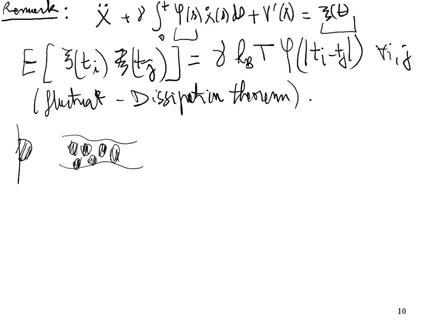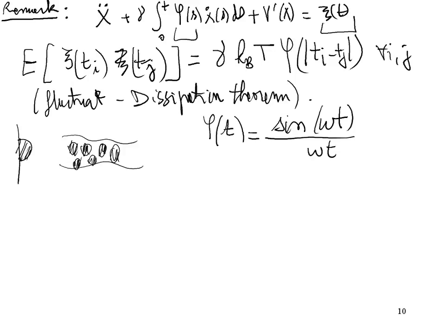A typical example of the function phi is phi of t for a crystal, which was shown empirically to work with sine omega t divided by omega t. So when omega is close to 0, it's like 1. We have used before the case where the noise is delta correlated.